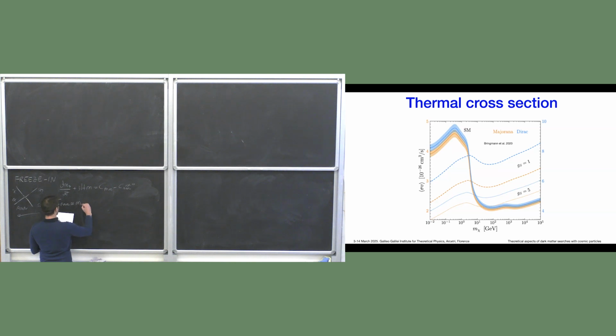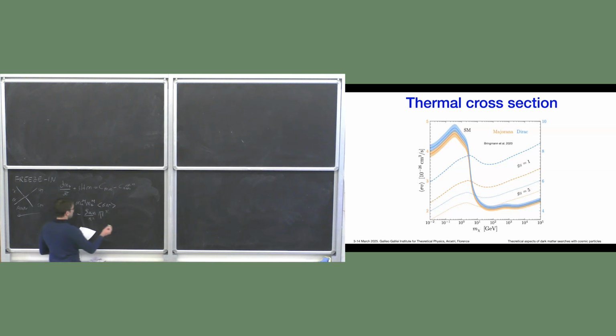So C production is proportional to the standard model equilibrium density for the species A and B, multiplied by the sigma v of this interaction. And the standard model particles, A and B, were relativistic, so their density is proportional to the degrees of freedom of these particles, g, times temperature to the cube.